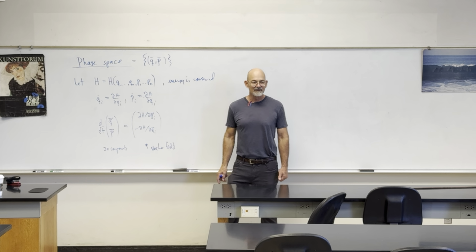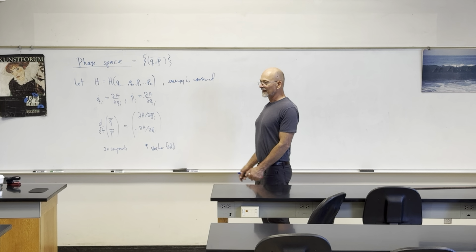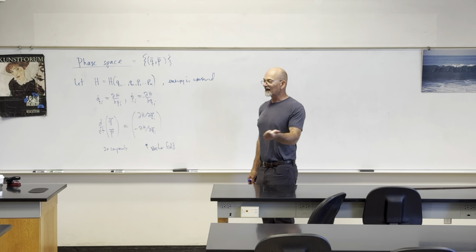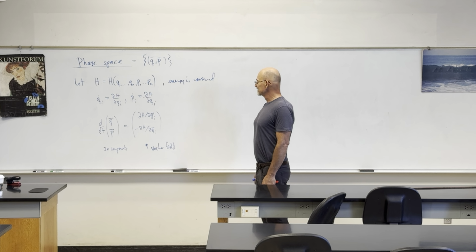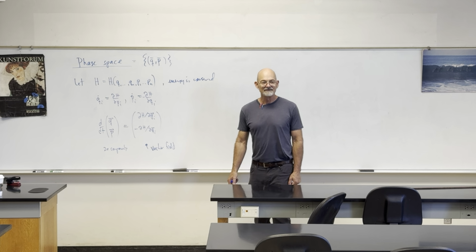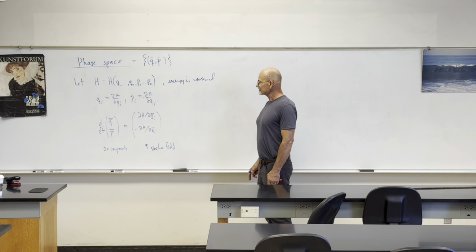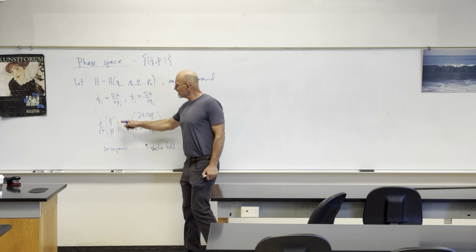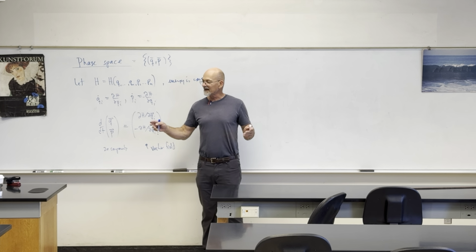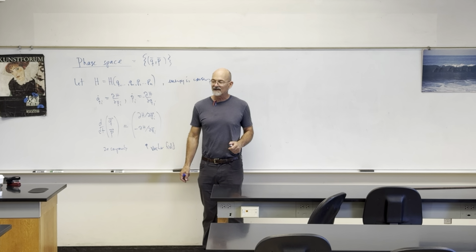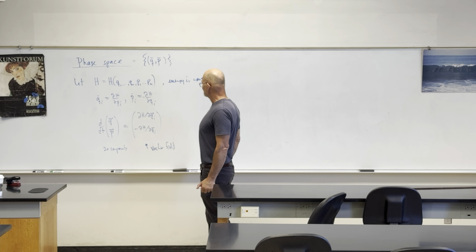You'd have 6,000 components for 1,000 gas particles, because each one has its x, y, and z, and p_x, p_y, and p_z. So that's a lot of components. Good thing we don't have to calculate them any time there's more than two. But what that means is the motion of a physical system is a point in this gigantic phase space. It's the motion of a point, moving like a velocity vector here.